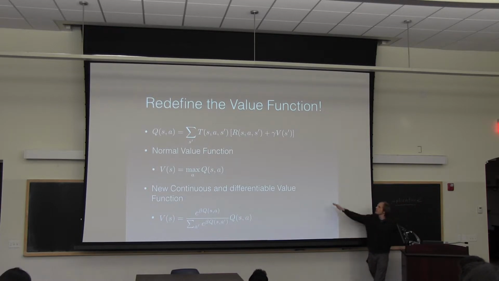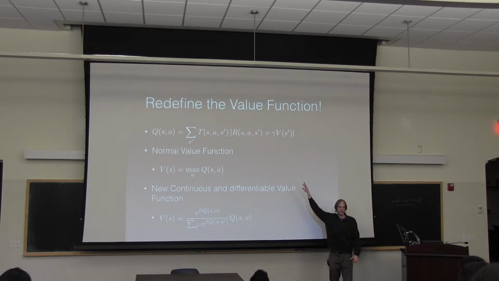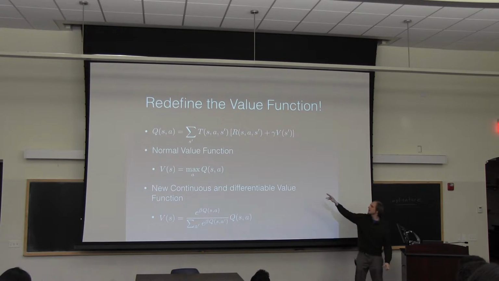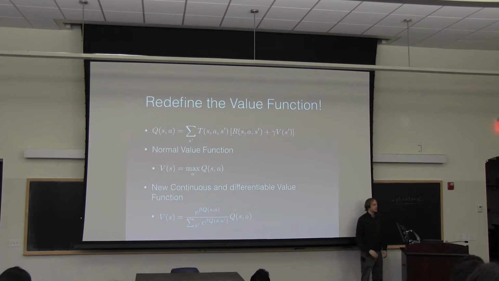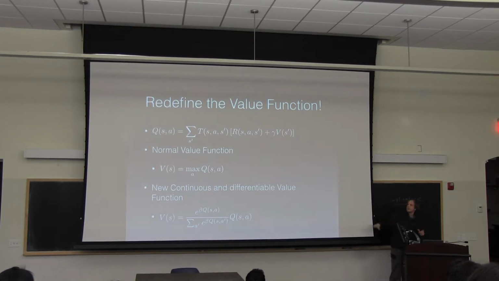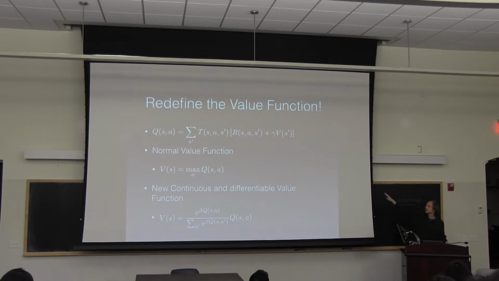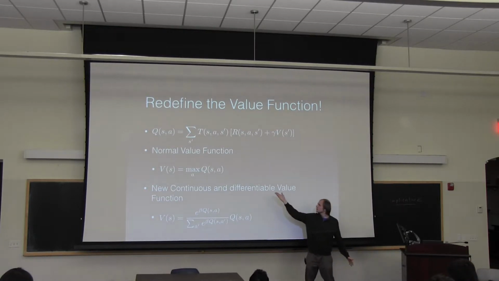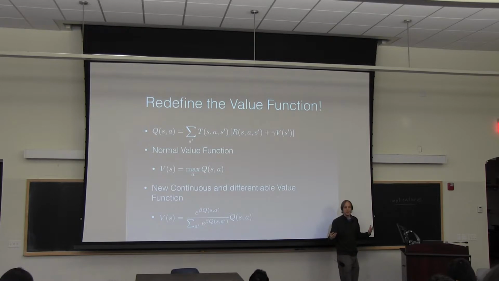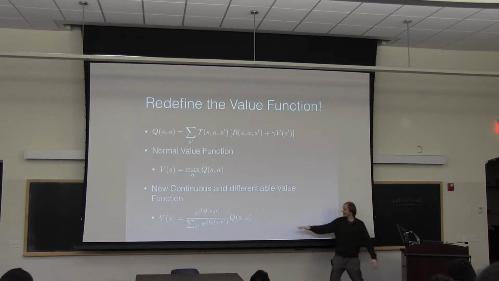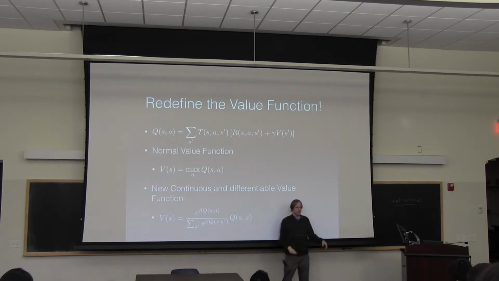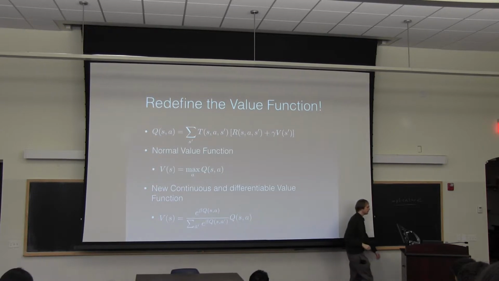So this is our normal classic Bellman Q value, which is basically saying the utility of some state-action pair is aggregated over all the possible next states, weighted by their transition probability, and the reward you get and the discounted value of the next state from there. That's classic. We'll keep that one the same. The normal value function definition is just the maximum Q value for the given state. And this is why we can't differentiate this, because we have this max operator and it doesn't work well.